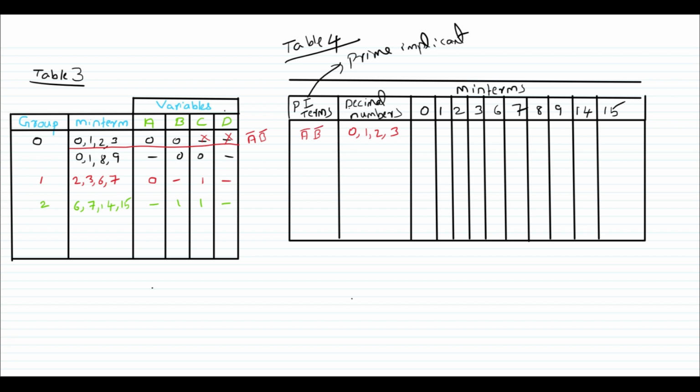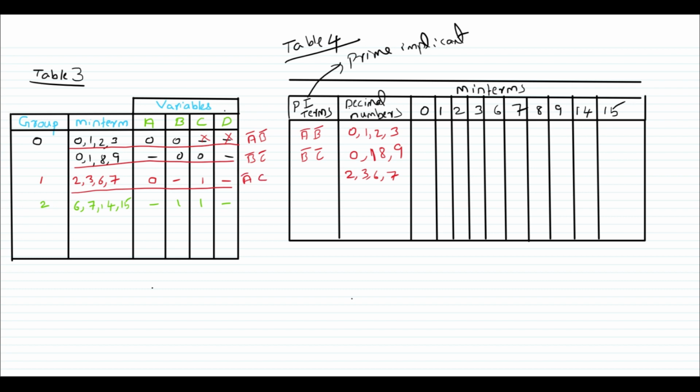Now we will see the second prime implicant for the minterms 0, 1, 8, 9. For that, the prime implicant is B bar, C bar. A and D are don't care. So it is B bar, C bar because B and C are 0. Now for the third group of minterms, that is 2, 3, 6, 7, the prime implicant is A bar, C, because C is 1.